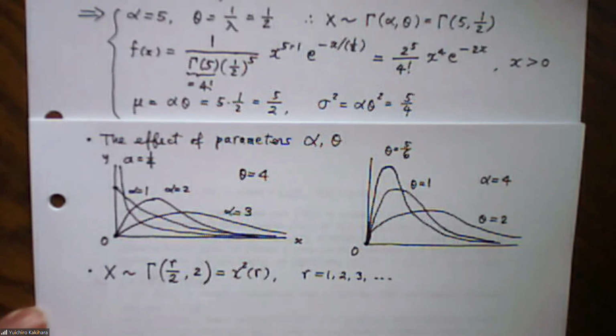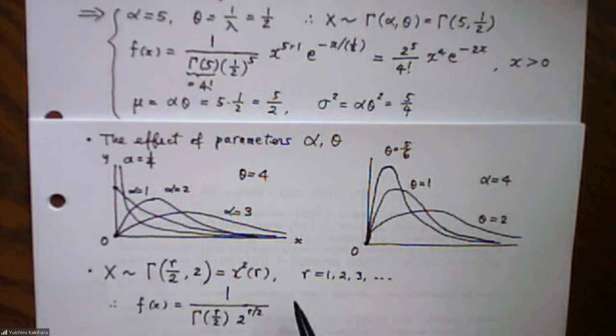Then can you tell me the density function f of x? Of course. This is 1 over gamma of alpha, where alpha is r over 2, and then theta to the alpha. Theta is 2, so 2 to the r over 2. These are the constants.